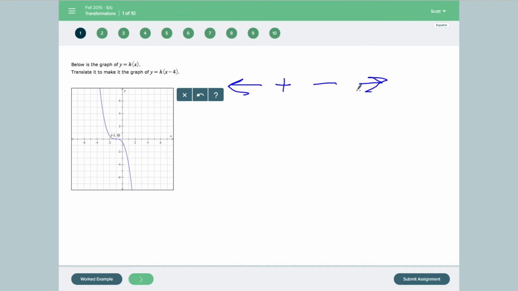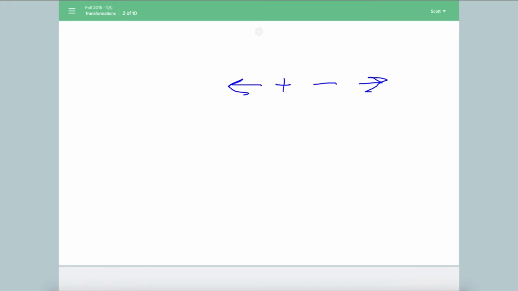So here I'm doing a minus 4, so I know I need to move to the left 4 units. So I'm just going to grab this and go 1, 2, 3, 4 units. And that's where I'm going to leave it, right there. Another way to remember it is what's negative 1 plus 4? Well, that will be 3. Okay, so that's our answer for that one.